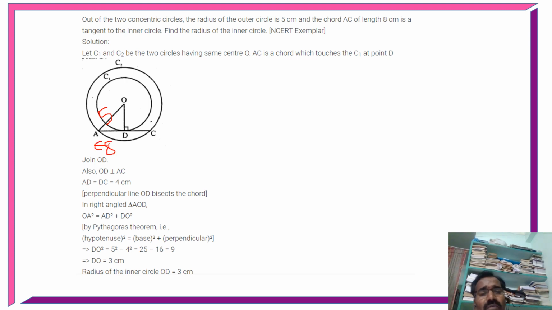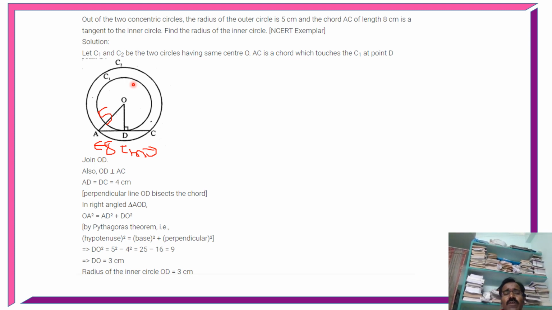Then we need to find the radius of the inner or smaller circle. As we know, in class 9 you have learned that if you draw any line segment from the center of the circle to a chord of the circle, it is the perpendicular bisector. You have learned this in the circles chapter of class 9. Once again I am repeating it.